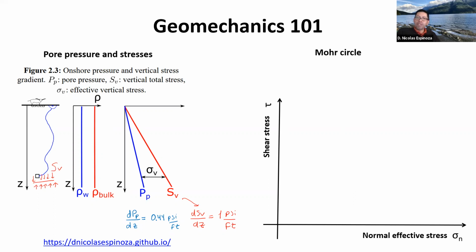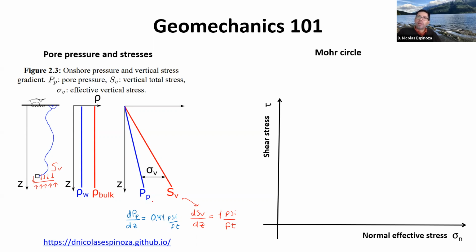So at 1,000 feet of depth, you will need about 1,000 PSI to literally lift the ground up. Okay, and as you see, it's higher than what you need to inject the fluid. If you need to inject the fluid in the subsurface, you need to go a little bit higher than this pressure gradient, so you can inject the fluid.